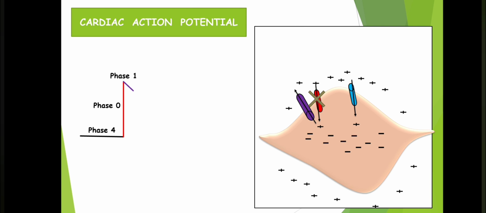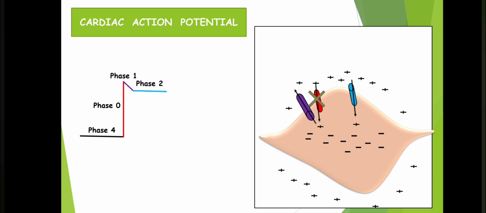So there will be loss of positive charges along with gain of positive charges. So there is no change in the membrane potential. This phase is shown by a plateau, that is phase 2. Phase 2 is also known as the plateau phase because there will be loss as well as gain of positive charges, so there won't be any change in the polarity.